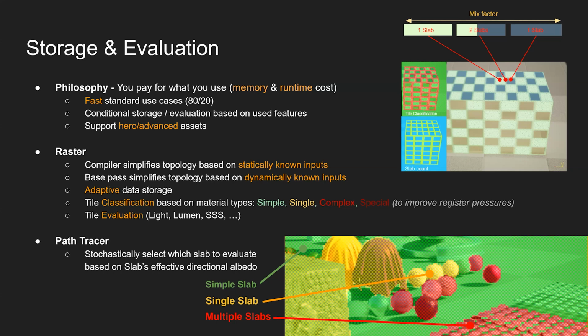Sorry, and you can see that we classify. So here we can see complex and simple, but we also have a single, which is a slab with a bit more features, like for example F90 or SSS. And with the classification you can see also at the bottom a bit more varied classification on the screen. All those tiles are super important so that we know the complexity of the shader we are going to dispatch, for example, for the lighting, or Lumen, or for the subsurface passes.